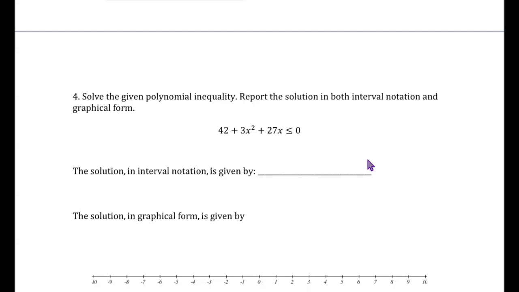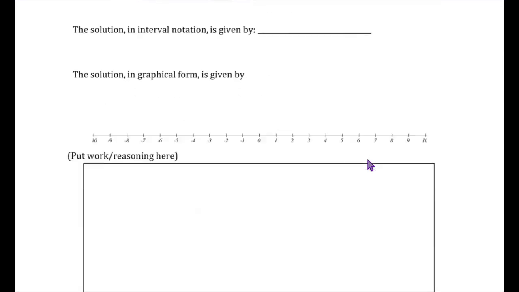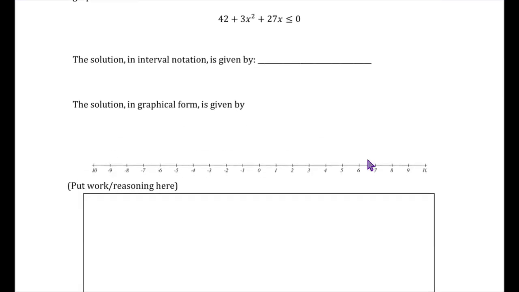So this next example is similar to those we've already done. So we're going to reorganize the terms: 3x squared plus 27x plus 42. We're solving the inequality less than or equal to 0.